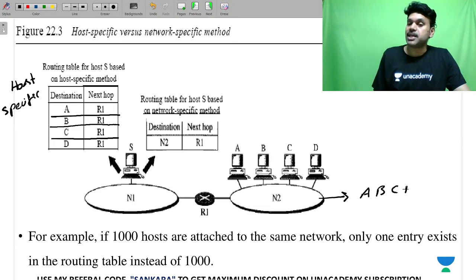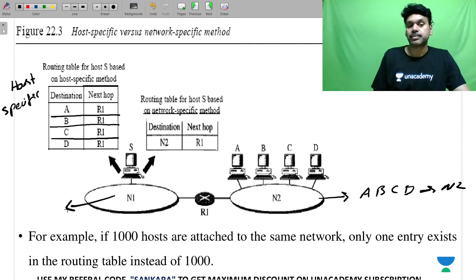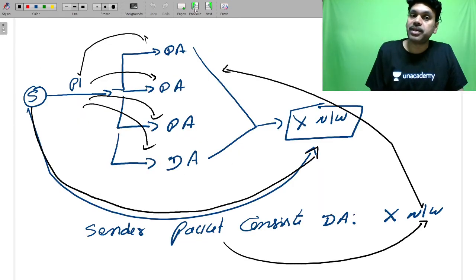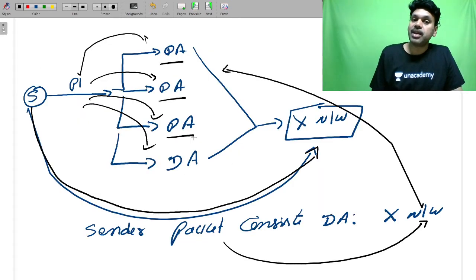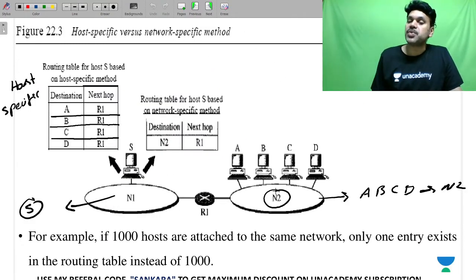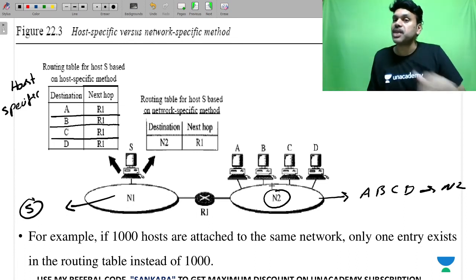A, B, C, D belong to network 2 and the sender belongs to network 1. So I need to write 4 entries, as I already told you here. So instead of writing 4 entries, I will write only 1 entry for network 2 because they all belong to network 2 only. That is the meaning of network specific.